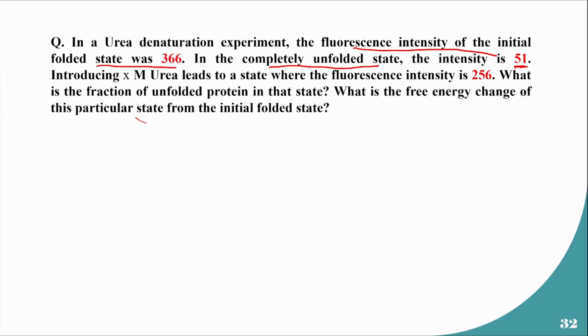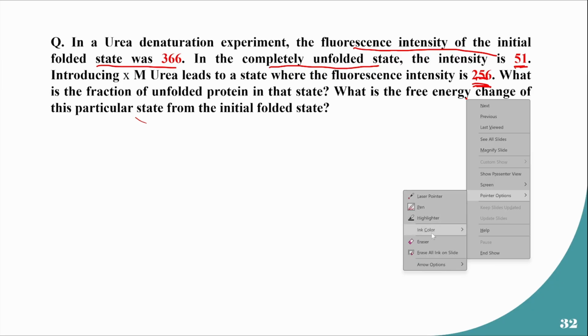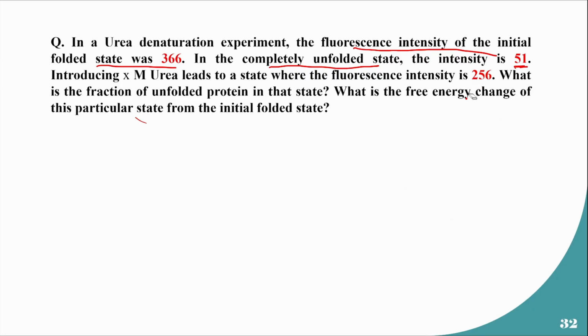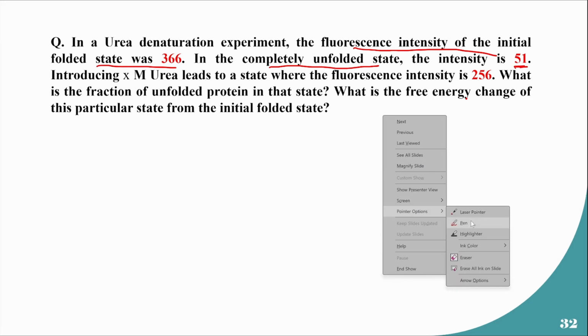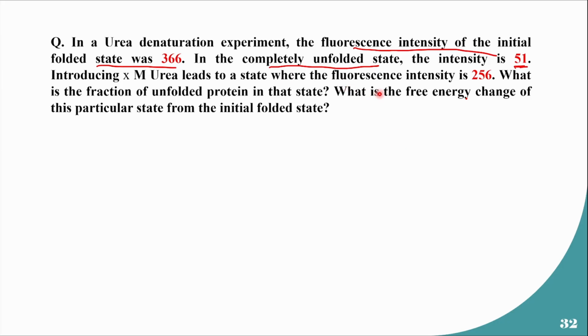Urea-based denaturation. Then at some point, you get a fluorescence intensity of 256. So the question is asking, in that particular state with a fluorescence intensity of 256, what is the fraction of unfolded protein with reference to the folded protein? And then it is further asking what the free energy change for the transformation will be.